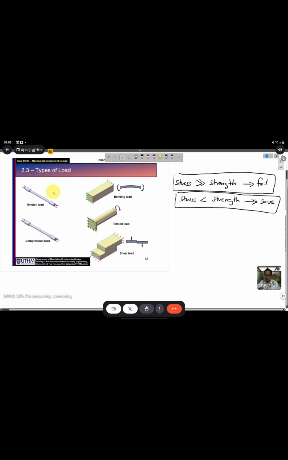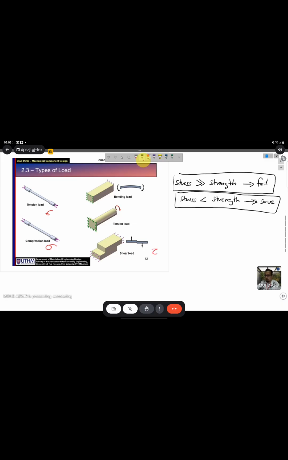From all these forces, some will produce normal stress and some will produce shear stress. For tension load, it will produce normal stress, sigma. Compression load will also produce sigma. Shear load will produce shear stress, which is tau.